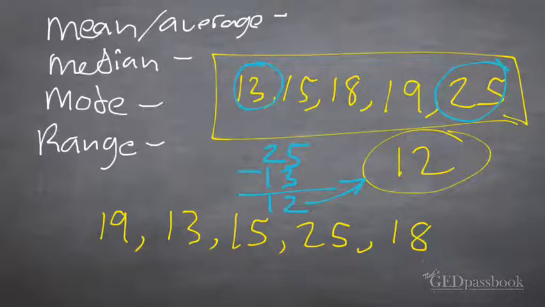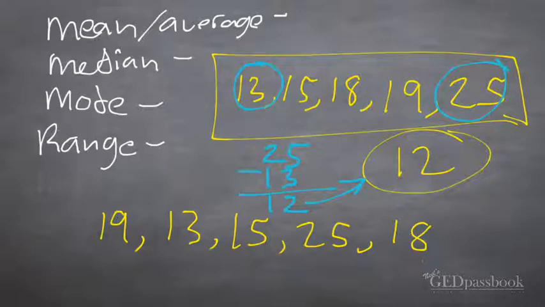This is the class in which everyone's taking the GED, right? Yeah. You too? Yeah. Okay. Mean, median, mode, and range are helpful for you guys also with the social studies test and the science test, because they're going to be asking you stuff like this. They'll probably give you a chart with a list of presidents, and say this is a chart of all the presidents' ages.